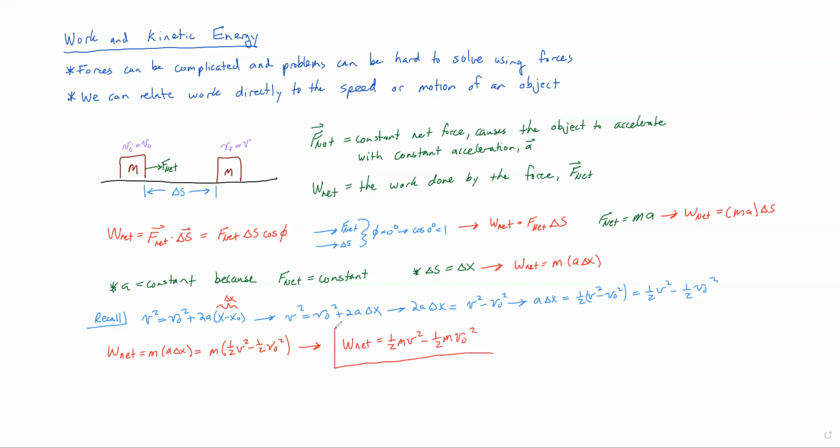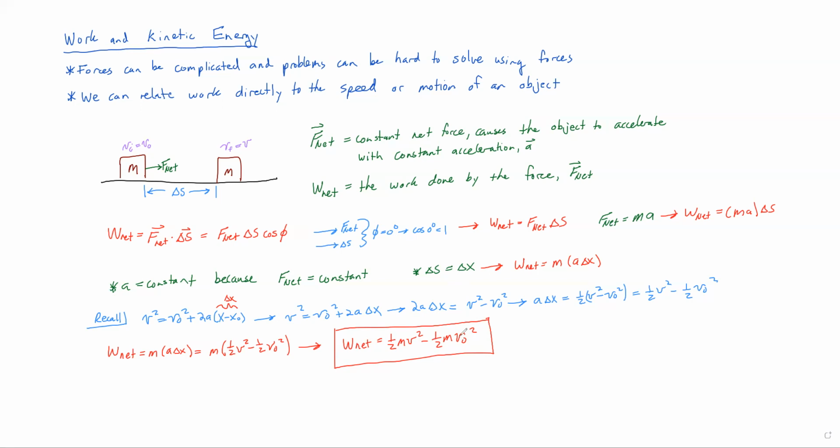And this is the expression that I just derived that relates the work directly to the motion, where V squared is its final velocity and V naught squared is its initial velocity. So that's pretty neat because it tells me that my work can be related to these things, regardless of what caused that net force.